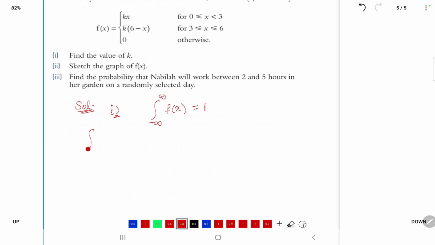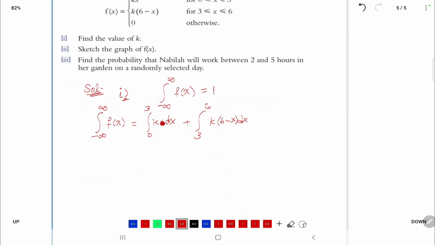That means the integral from minus infinity to infinity of f of x will be composed of 2 parts. The first part is k of x dx, integrated from 0 to 3, plus this one, k times (6 minus x) dx, integrated from 3 to 6.